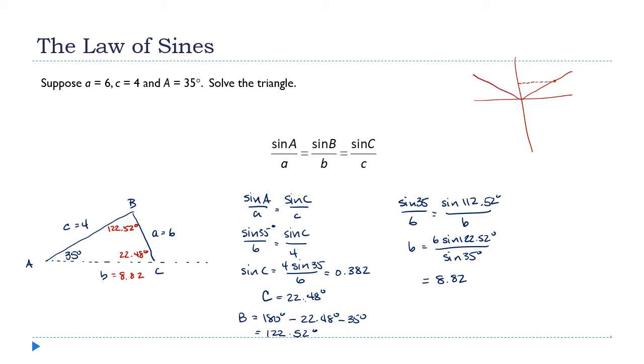There's another angle over here that has that same sine, right? There's a second one. Okay, what is this angle? Well, that angle is 180 degrees minus 22.48, which is 157.52.